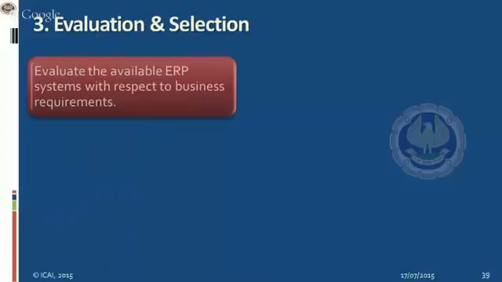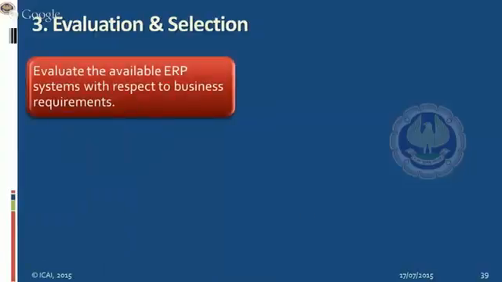Evaluation and selection of ERP software. Again, it is a difficult job because of the availability of so many different types of products in the market. What type of product will cater to our needs mostly? This has to be analyzed, and analysis of this is extremely difficult because whenever you contact a vendor, every vendor will say that my software is the best software in the world and it is most relevant as far as your business is concerned.